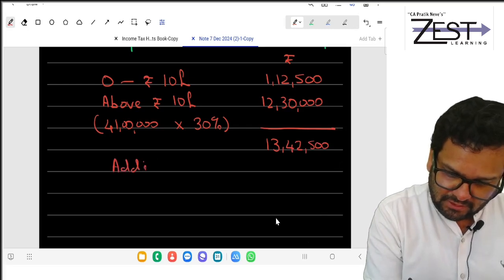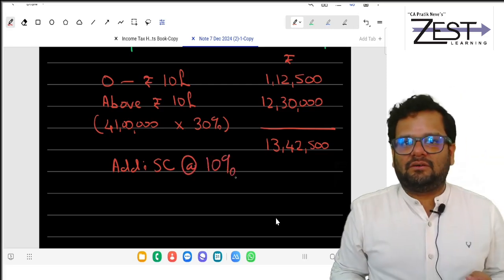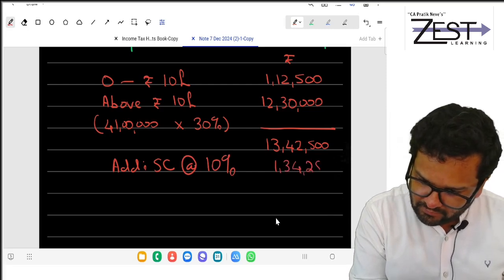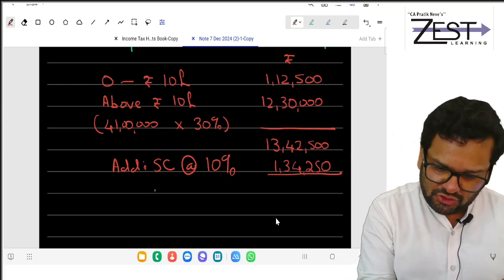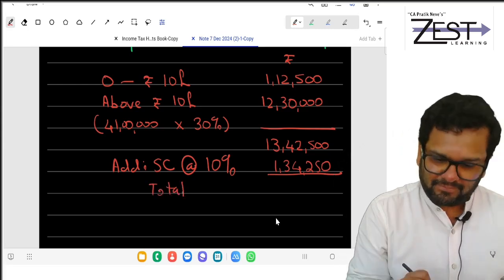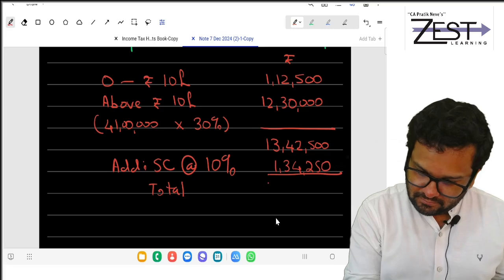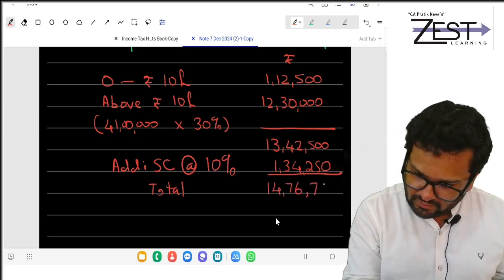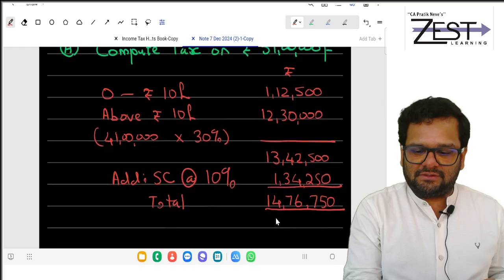Add surcharge at 10%. That is 1,34,250. So can you tell me what is the total? 14 lakh 76,750. Don't calculate health and education cess right now.